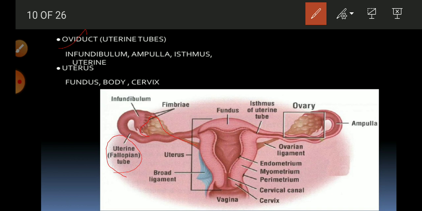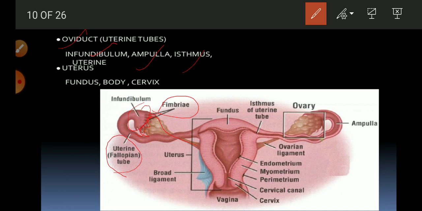The oviducts have three portions: infundibulum, ampulla, and isthmus. The infundibulum is the broad part, and it has finger-like projections called fimbriae. These finger-like projections do not allow the oocyte to move here and there, but just capture the releasing oocyte inside.